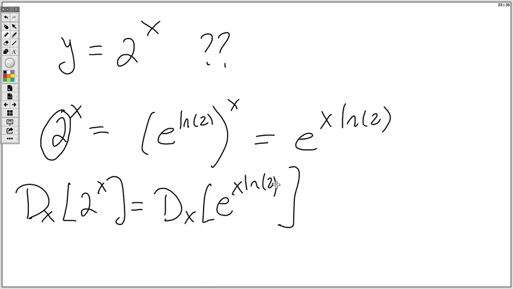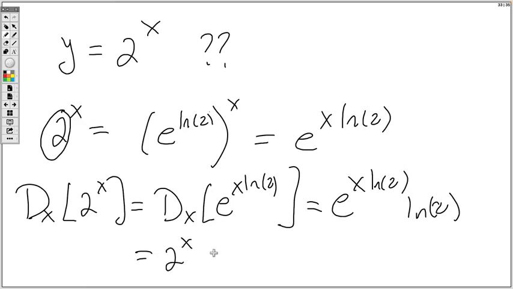And the derivative of e to the x times a constant is just going to be e to the x times that constant. The derivative of the exponent will just spit the constant out. And then you can redo your properties there to get back to 2 to the x. Make sense or not, folks?